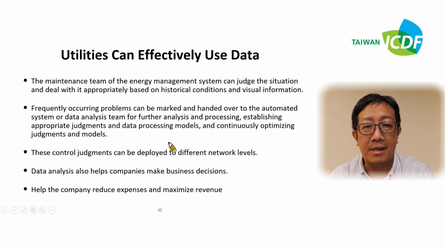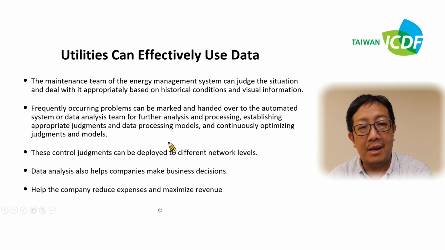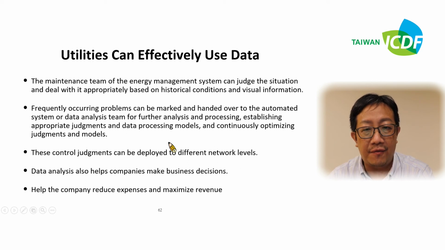Frequently, a curve problem can be marked and handed over to the automatic system or data analysis team for further analysis and processing, establishing the appropriate judgment and data processing models, and continuously optimizing the judgment and the models. This control judgment can be deployed at different network levels, and the data analysis also helps the company make business decisions better, reduce expenses, and maximize revenue.